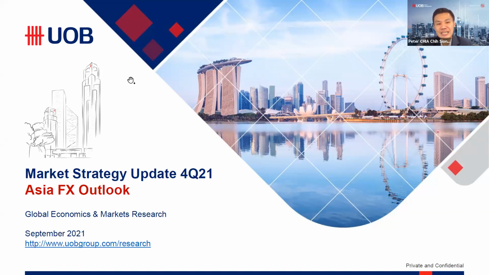But moving on to the Asia FX outlook, I would just like to point out three key factors that will determine how Asian currencies perform. The first one is the virus risk. In the last 2 years, everything has been about how COVID evolves over time and the financial risk associated with it.